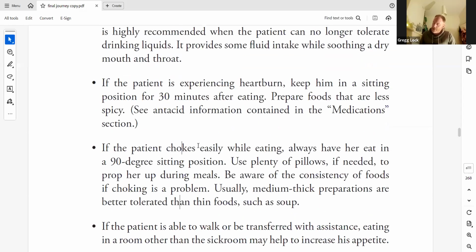If the patient chokes easily while eating, always have her sit in a 90-degree sitting position. Use plenty of pillows if needed to prop her up during mealtimes. Be aware of the consistency of foods if choking is a problem. Usually, medium thick preparations are better tolerated than thin foods such as soup.